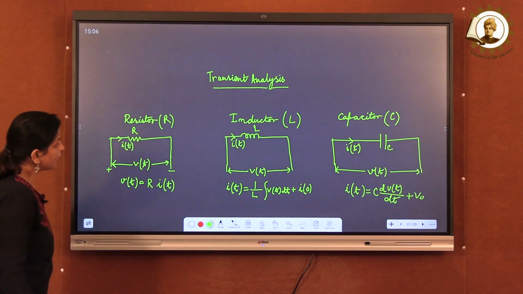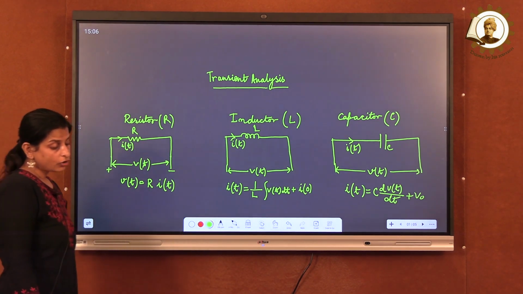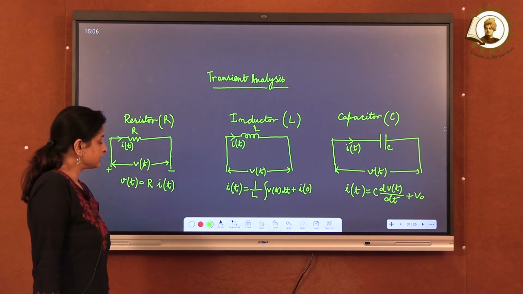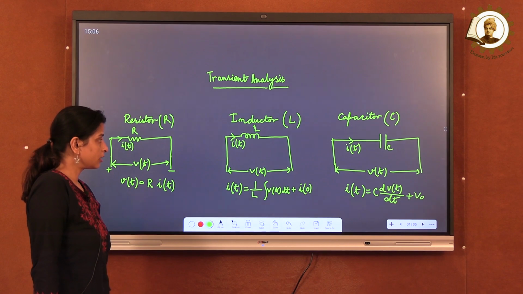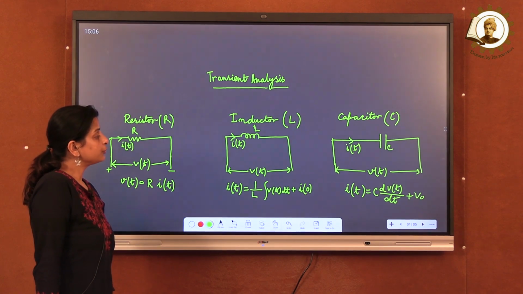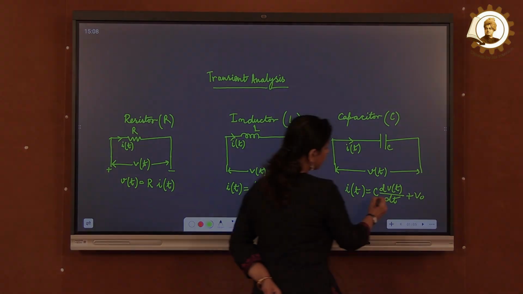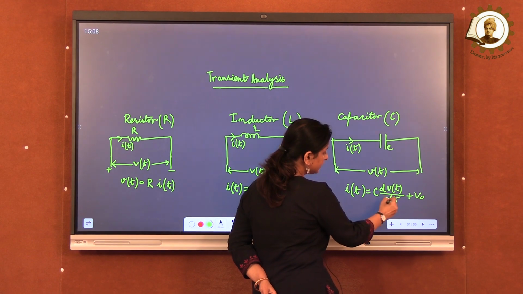So here we have found how we can get the current through the inductor and the current through the capacitor. The inductor current is given by 1 by L integration of v(t) dt plus I0, the initial current stored in the inductor, and V0 is the initial voltage stored in the capacitor C. The capacitor current we can calculate by C dv(t)/dt.